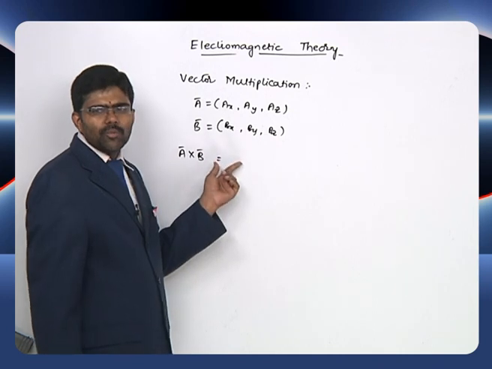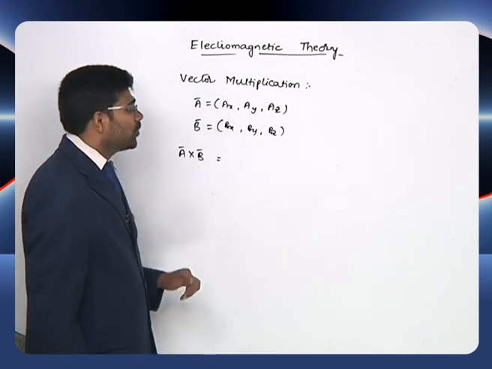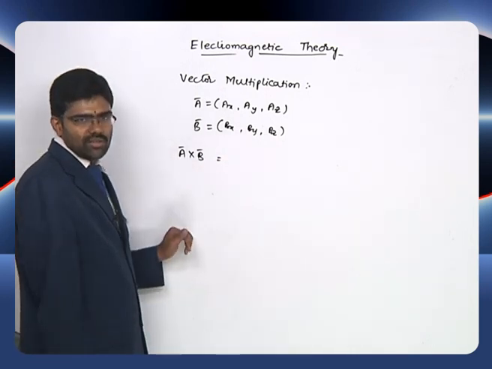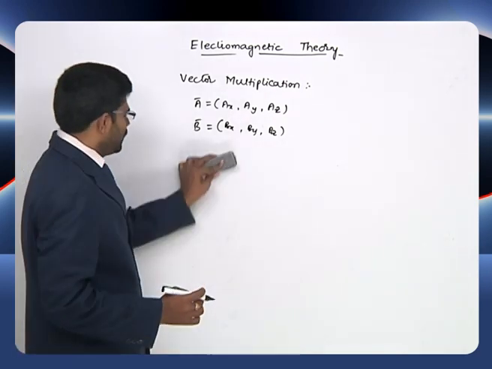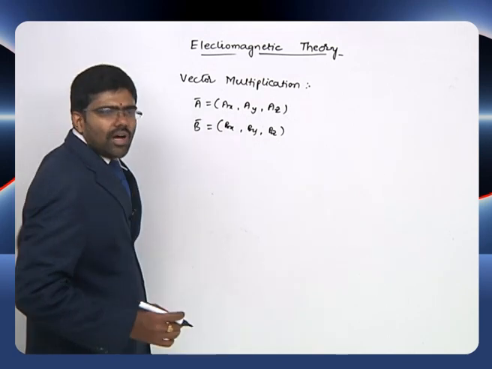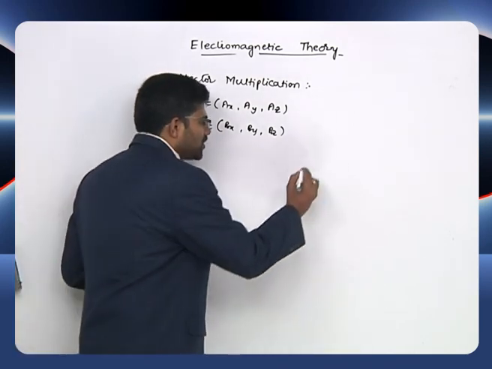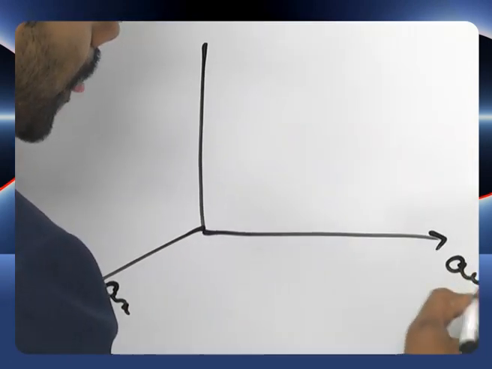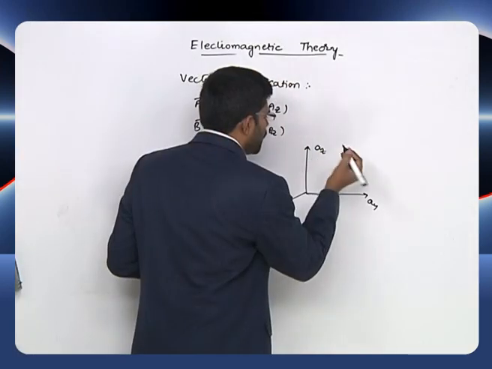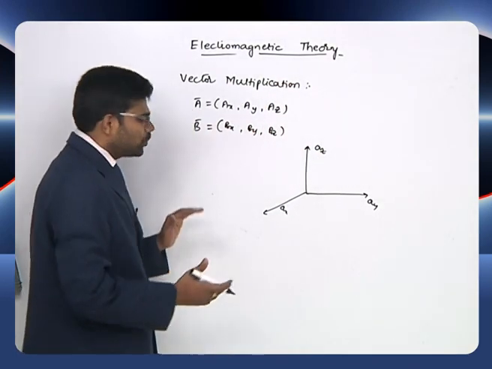To go for that point to point cross product, we need to understand the cross product between two unit vectors. Before this, I will discuss the cross product between all the unit vectors in a rectangular coordinate system. Let us take the rectangular coordinate system with unit vectors Ax, Ay, Az. Once again, I want to take all the combinations.